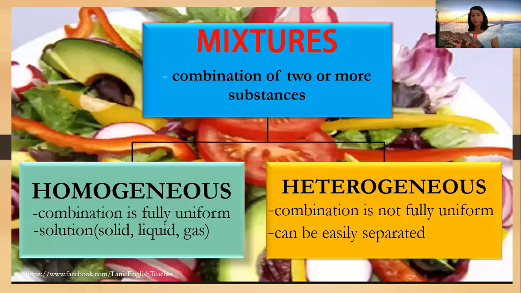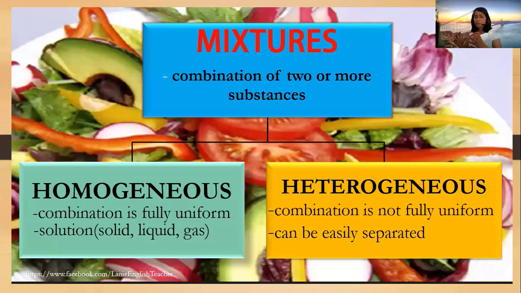Mixtures. When we say mixtures, it is a combination of two or more substances. And mixtures are of two different types, namely homogeneous and heterogeneous. Now, what are homogeneous mixtures?